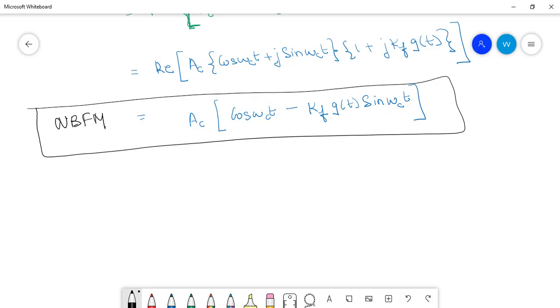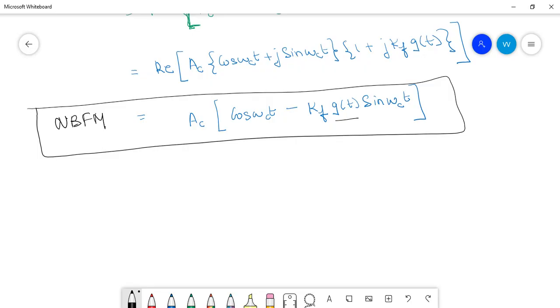But here in narrowband FM you are generating a frequency modulated wave using amplitude modulation. If you look at this expression carefully, you are transmitting the carrier Ac cos omega_c t, and the only fact remaining is that the signal g(t) is the integral of m(t), and that you are multiplying it with sin omega_c t.